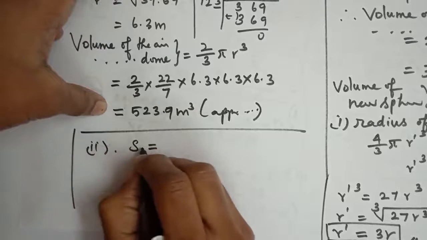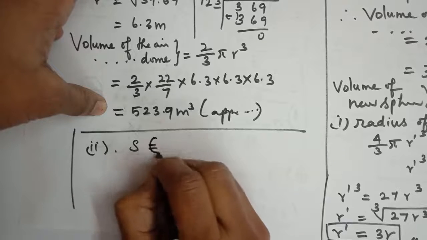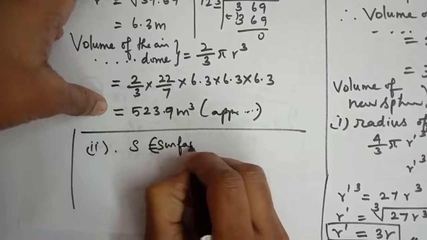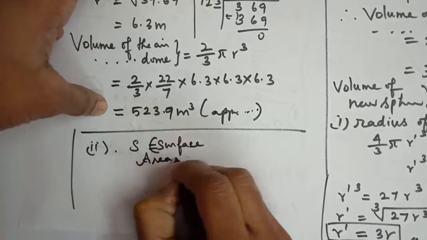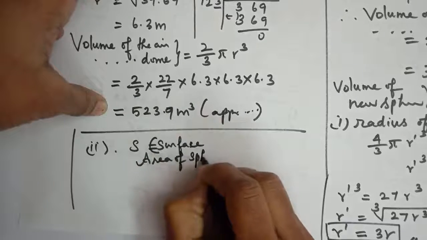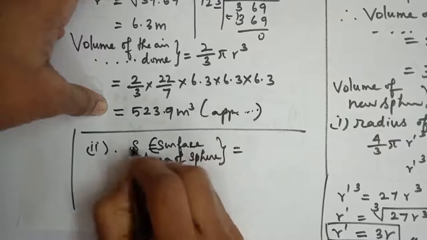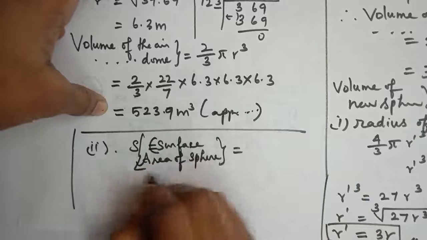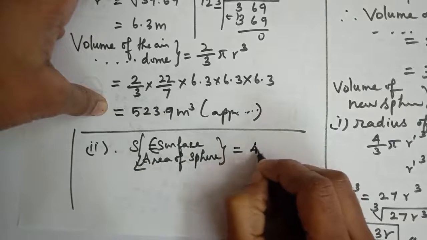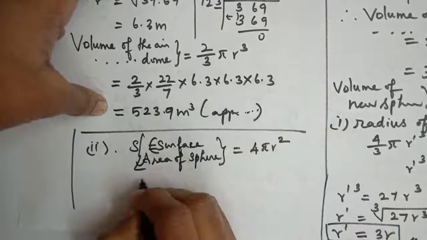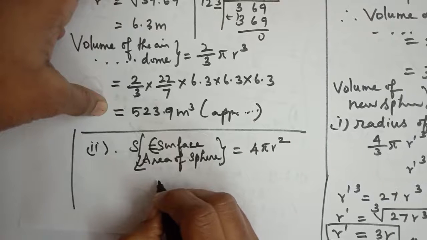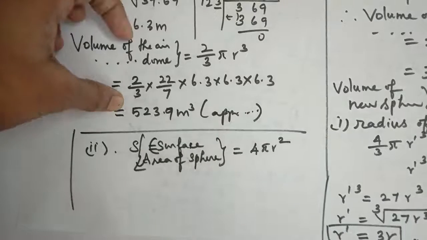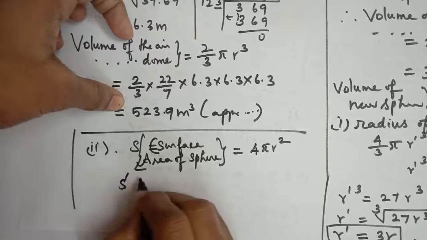Surface area of a sphere is equal to 4 pi r square. Then S dash is the surface area of the new sphere.